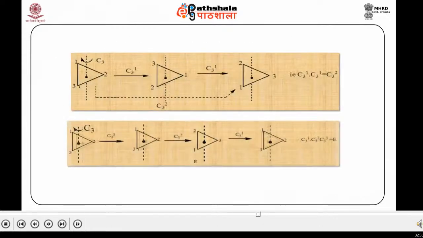In continuation, these are the symmetry products with which we can easily verify all the four properties discussed earlier.